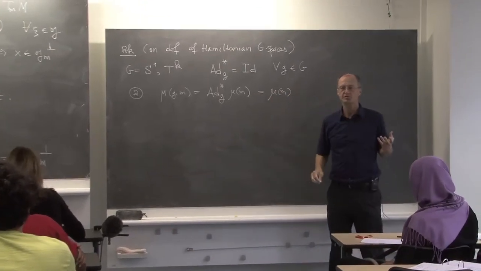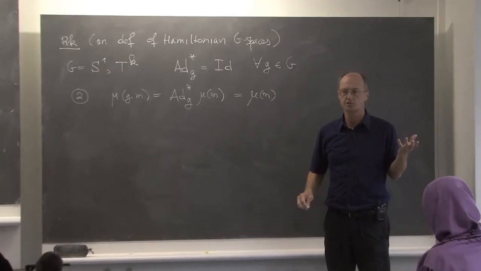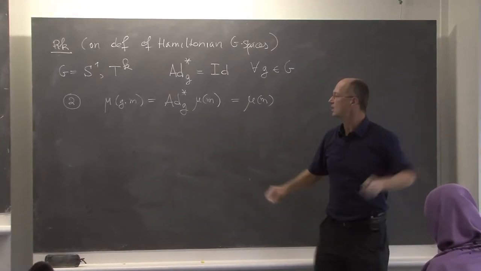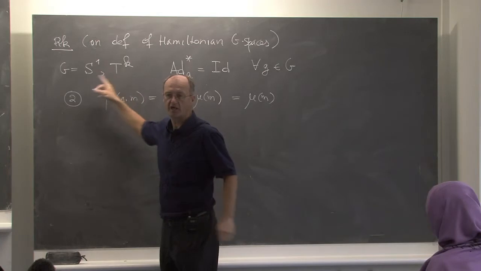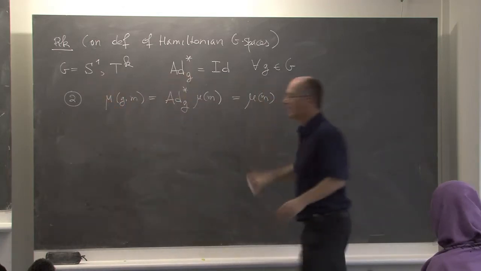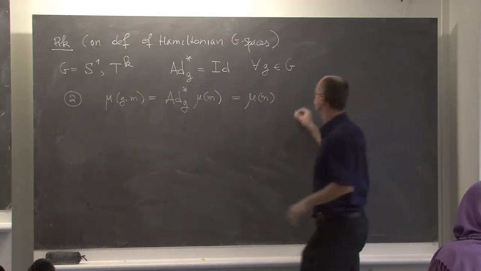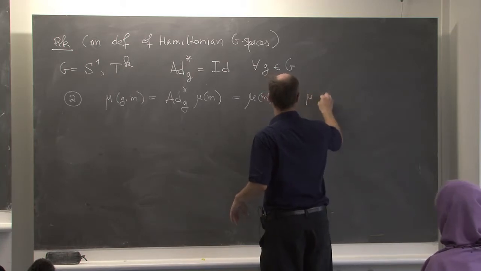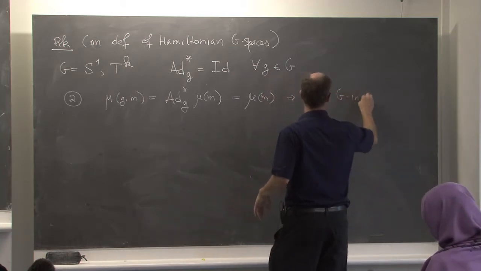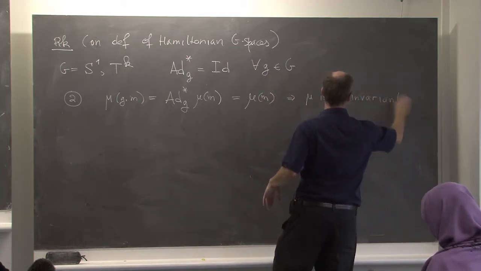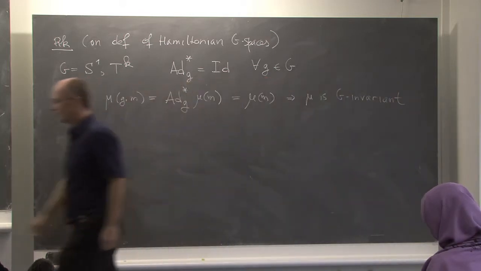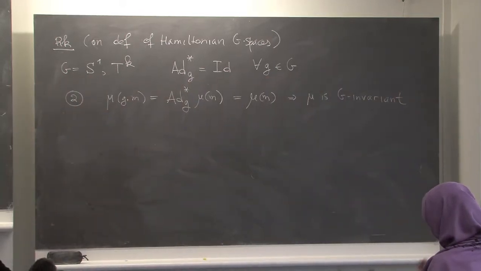So mu becomes a map from our manifold to a vector space, R or R^k, and this map is simply G-invariant. And it has a nice consequence.